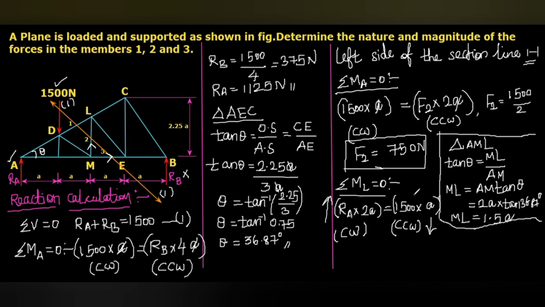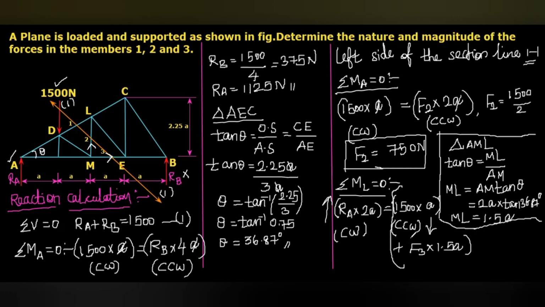Okay, so I am going to substitute this side. That is the force in the member F3, the perpendicular distance from L. This is the line of action of the force F3. This is the perpendicular distance LM, which we calculated already, 1.5A. So that will be F3 multiplied with 1.5A.